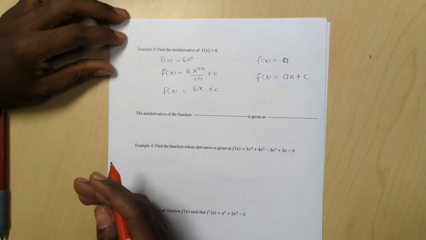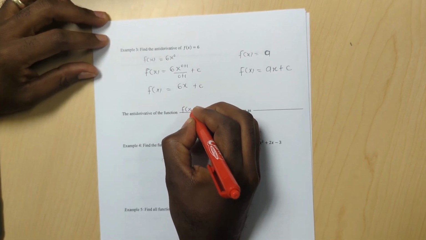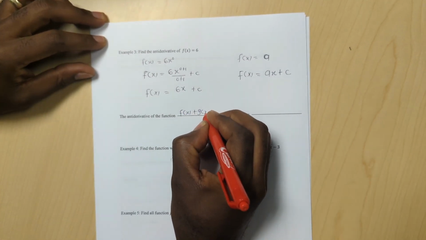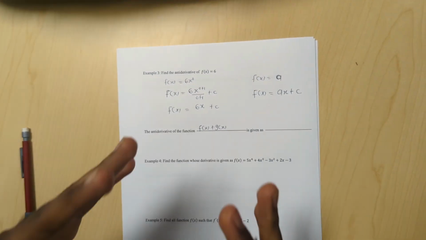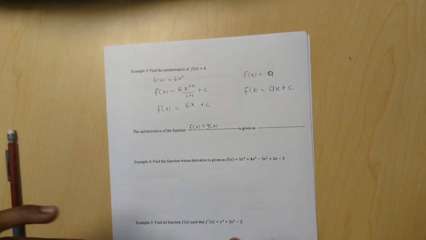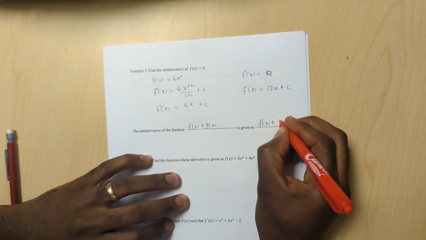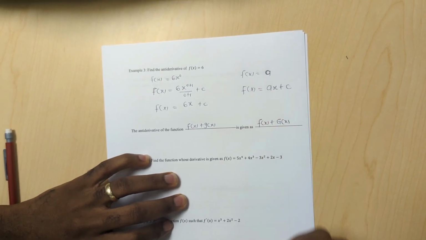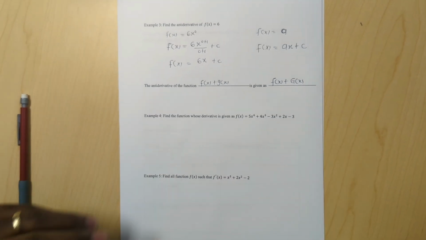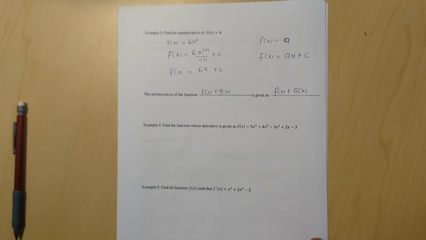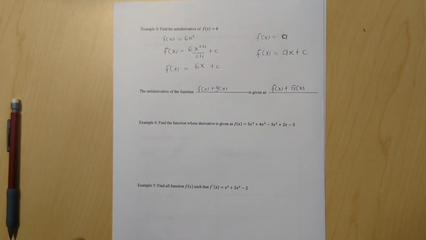Also, the antiderivative of a function that's the sum of two functions, f of x plus g of x, is the sum of the antiderivative of each of them. That's capital F of x plus capital G of x. I hope you get that. So we are going to use that concept. If you are asked to find the antiderivative of a particular function, you will just find the antiderivative of each term. That's all.